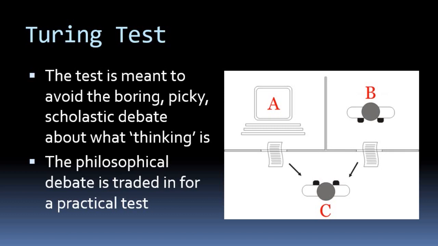So here are some things that seem to be assumed by this test. For example, you're communicating with these two beings via typing. So all of the important parts of intelligence are communicable via written text.